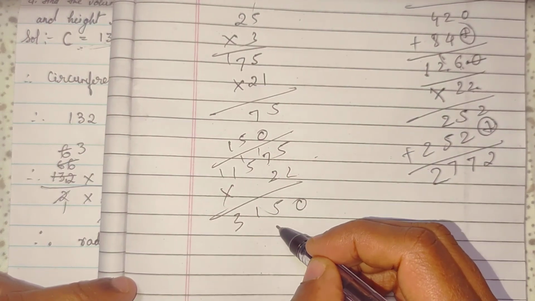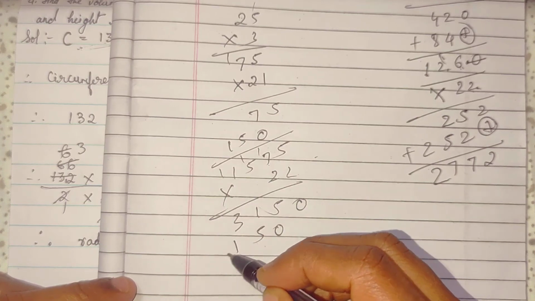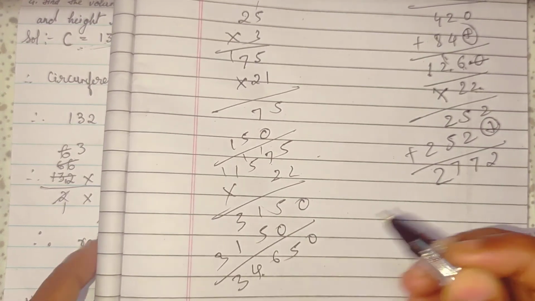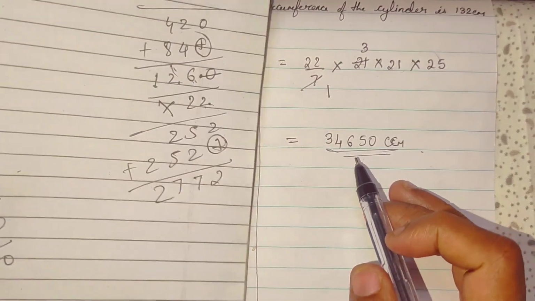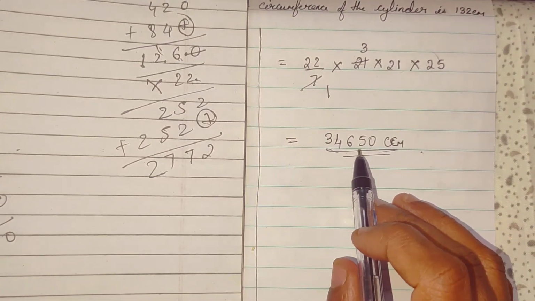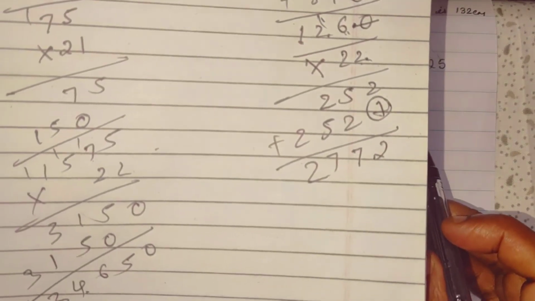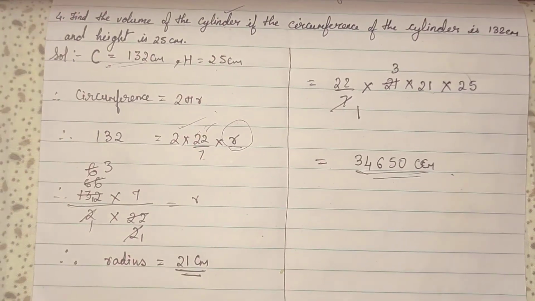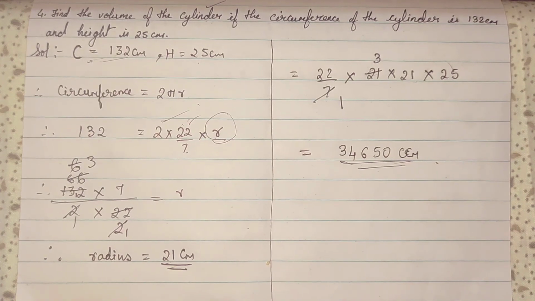Again same number, so same will come. So 34,650. Okay. Here we come to the end of this practice set.